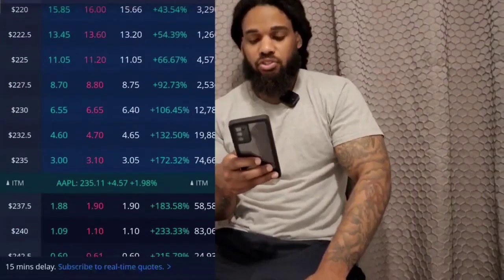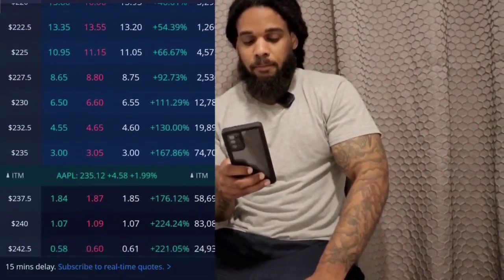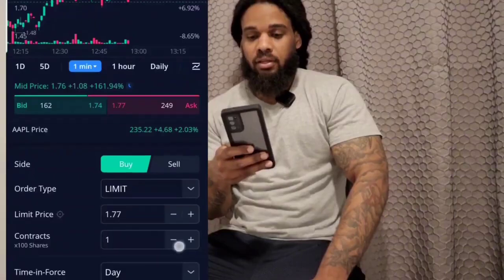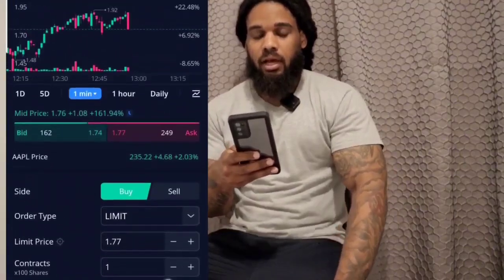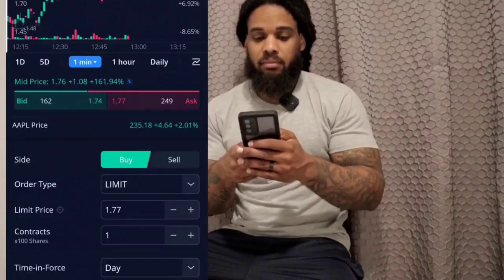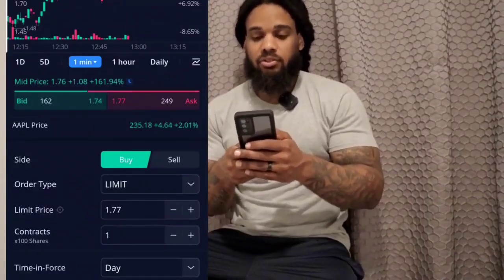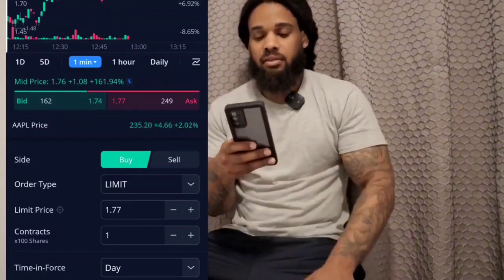Once you decide which strike price you want to go in, you're going to click on the number, and it's going to ask you to put in your password on Webull. You put in your password, and you're going to come to the option contract here. You're going to see the mid price, and you're going to see the ask and the bid.